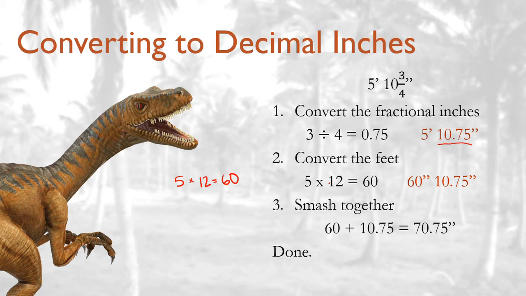And the same way I was smashing things together before, now it's a little more polite to use a plus sign in between. I'm going to take the 60 inches that were in the 5 feet, add them to the 10 3/4, which I'm expressing as 10.75, and get 70.75 inches.